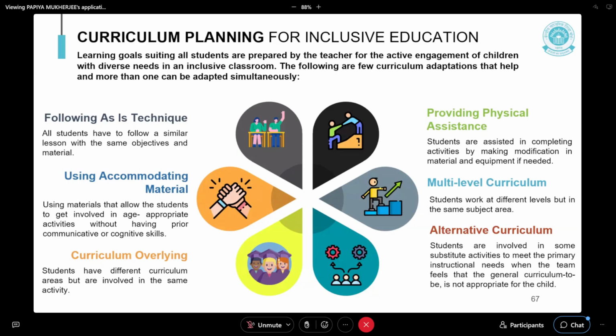It works wonderfully well. Students work at different levels, but in the same subject area. Many a time, teachers use an alternative curriculum or substitute activities to fulfill the primary instructional needs, if the curriculum meant for the whole class is not appropriate for them.